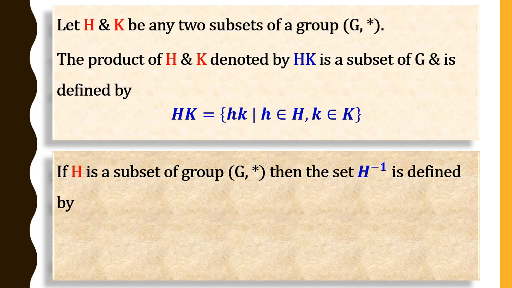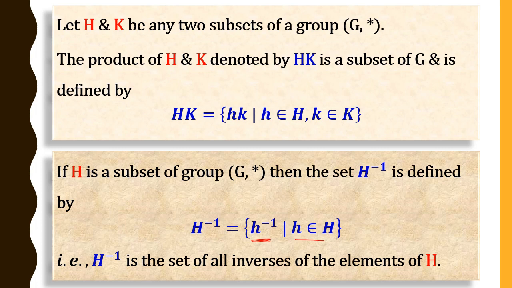Next, if H is a subset of group G star, then the set H inverse is defined as the set of all elements of the form h inverse, where h belongs to H. Or we can say H inverse is the set of all inverses of the elements of H. Again, let us consider an example. Again I take the fourth roots of unity, -1, 1, -i, i.